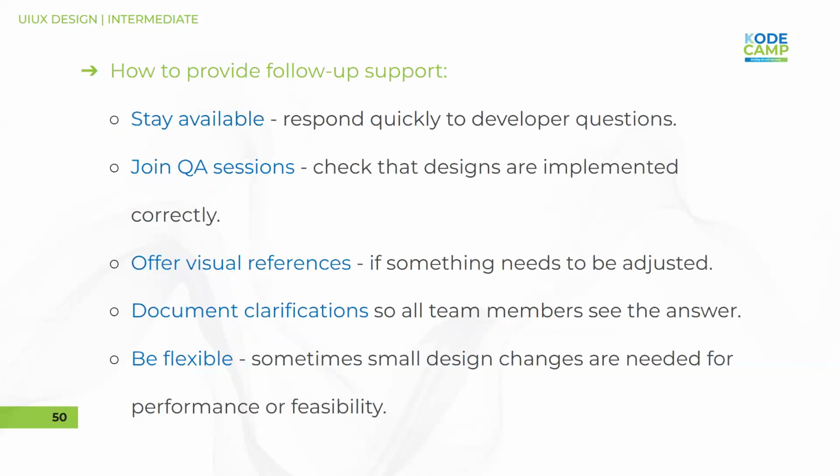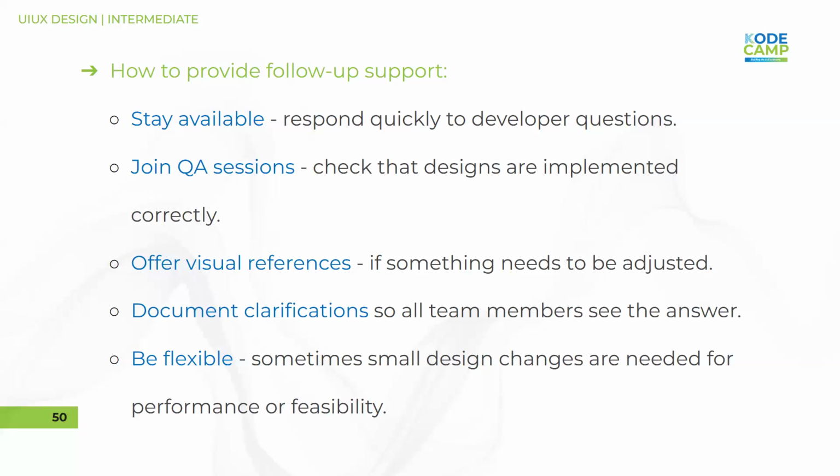So how do we provide follow-up support? Stay available. Respond quickly to developers' questions. Join QA sessions. Offer visual references and document clarifications so that all team members see the answer. Then also be flexible. Sometimes small design changes are needed for performance or feasibility.